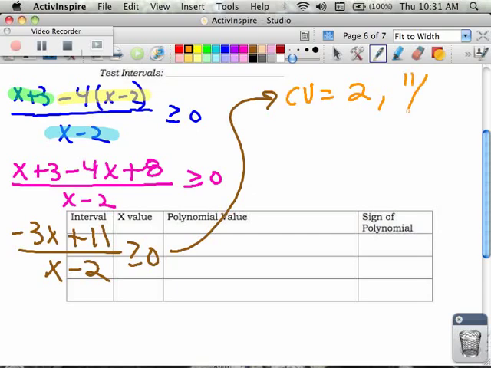The number without the x over the number with the x, change the sign. I believe I said that earlier, and I said write it down. Those are my critical values. Questions up to that point? Critical values are what make the numerator 0 and what makes the denominator 0.